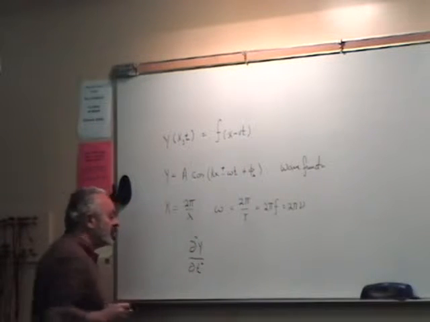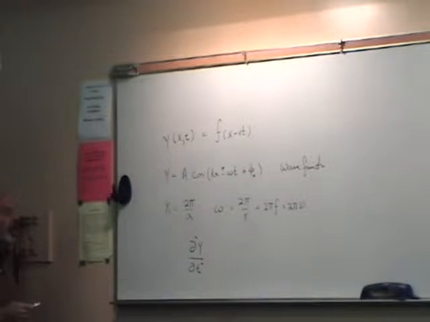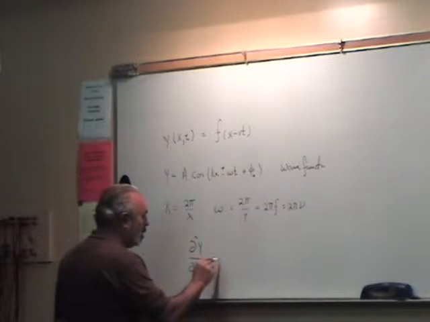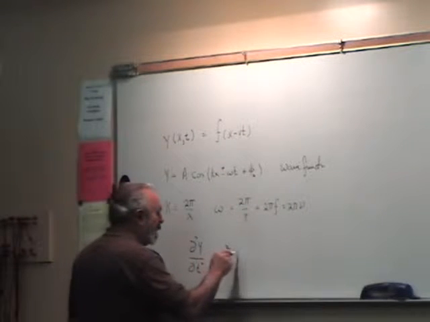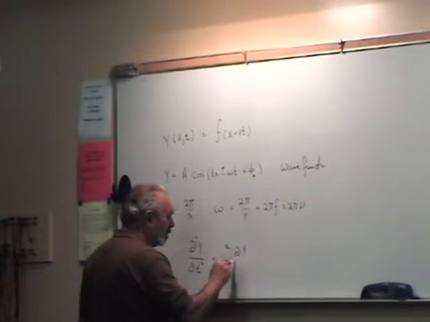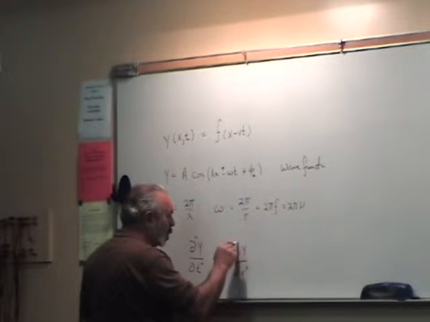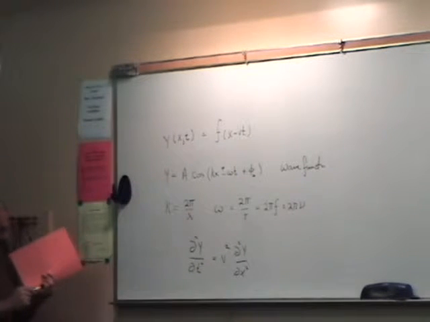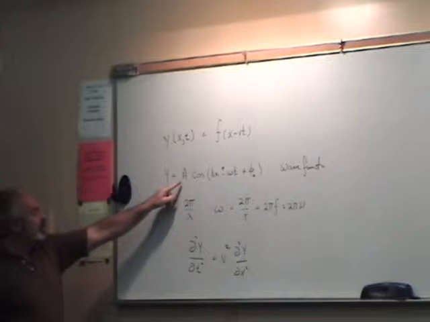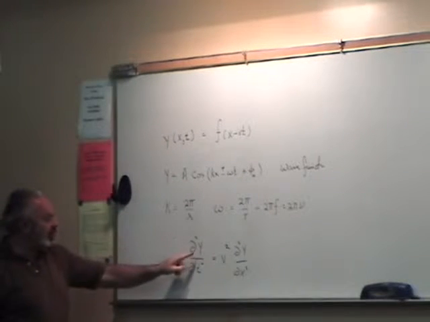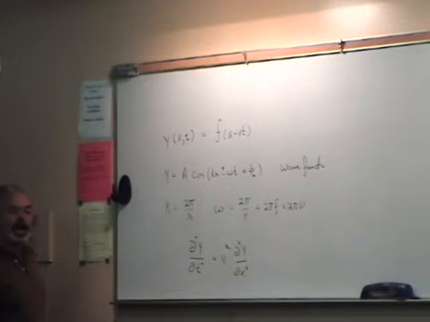The second time derivative of the function y with respect to time, d squared y by dt squared, is equal to v squared, the wave velocity squared, times the second position derivative, d squared by dx squared, of the same wave function y. Then the very last thing we did, I think, on Monday was to simply test to see if we put this wave function here and here, does the equal sign hold?